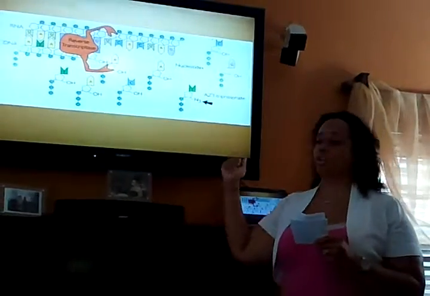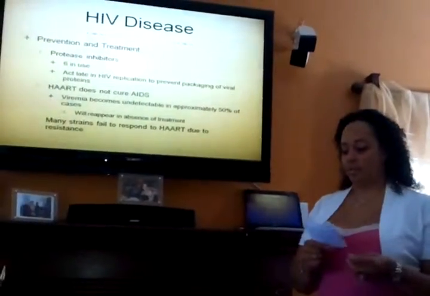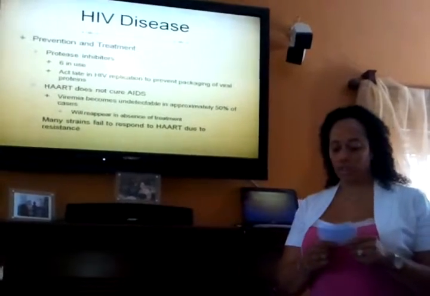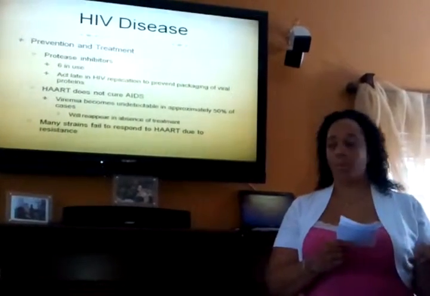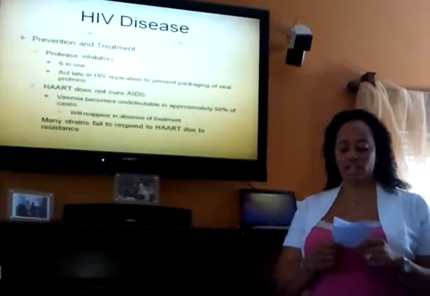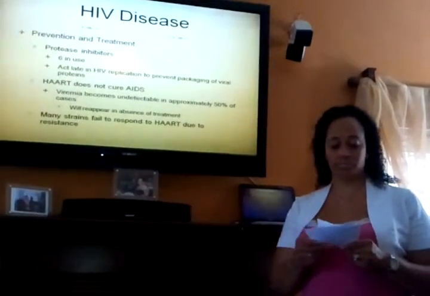This is a sample of the reverse transcriptase inhibitors. The protease inhibitors, which are another form of treatment for the HIV virus, are also a part of HAART, but HAART does not cure AIDS. Many strains fail to respond to HAART due to resistance of the disease.